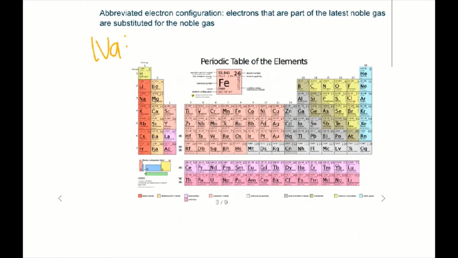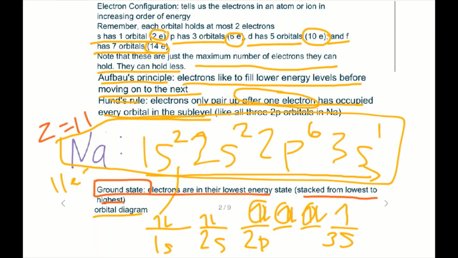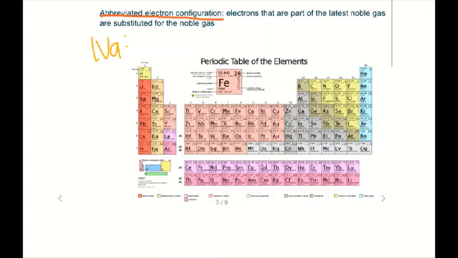The abbreviated electron configuration is basically the electron configuration that we just went over a minute ago, but electrons that are part of the latest noble gas are substituted for the name of the noble gas. So let me just show you an example of how that works.